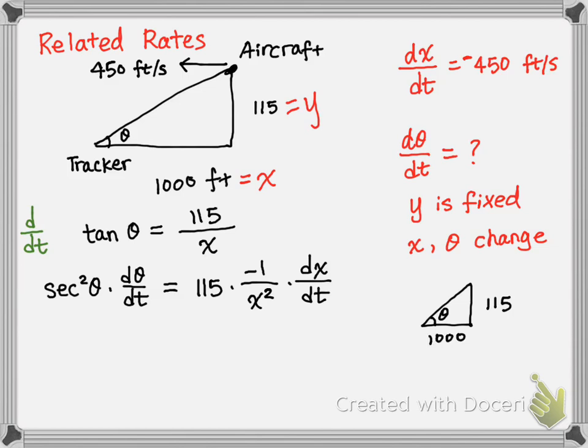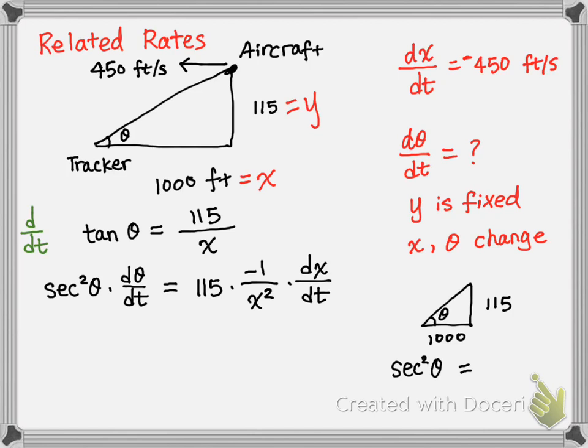So what is secant squared of theta when x is 1,000? Secant of theta is the hypotenuse divided by the adjacent, then you take the square, right?